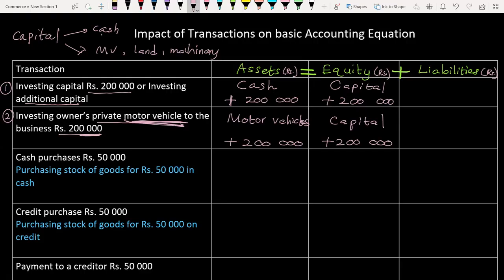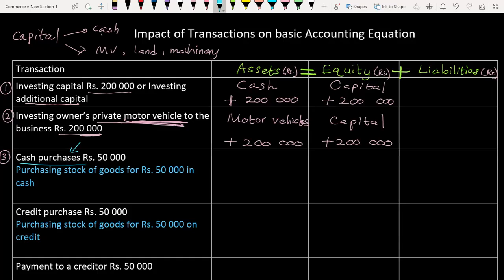Now let's move into the third transaction. Cash purchases. What do you mean by cash purchases? Here, purchases means the business purchases stock of goods. The stock is the items which are sold to the customers of the business. This is the stock which is purchased for the purpose of reselling.